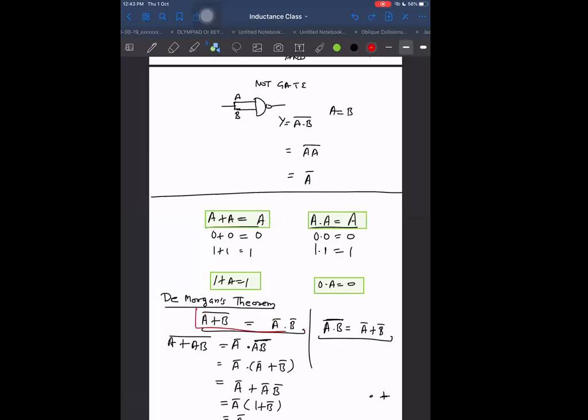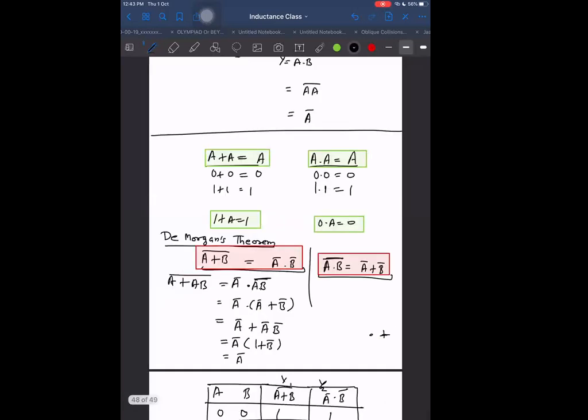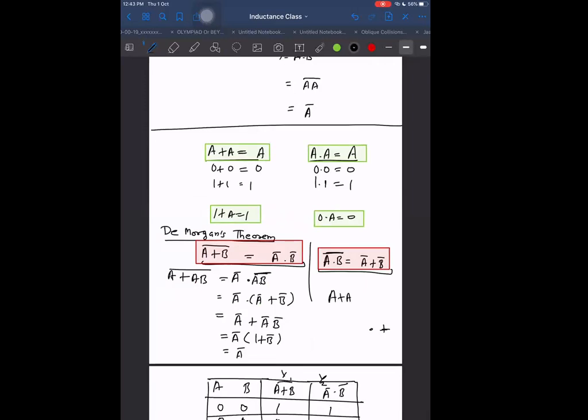This one is there, and this one is there, and one more thing is there, which is A plus AB is equal to A or B? A into 1 plus B. It is equal to A.